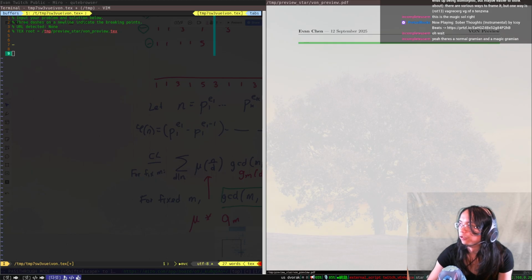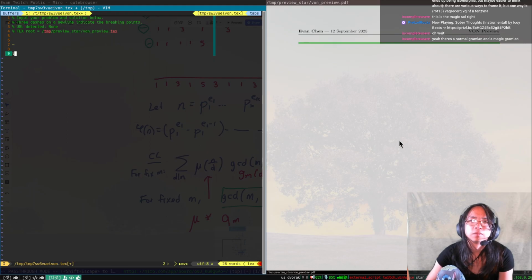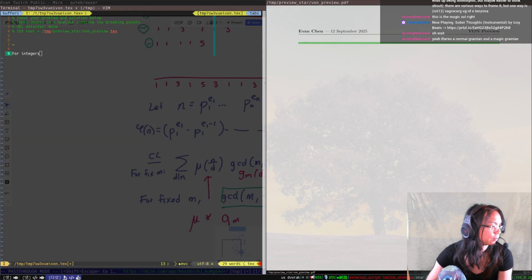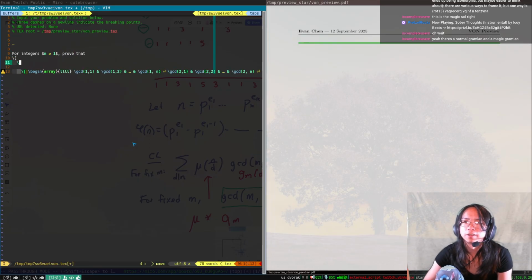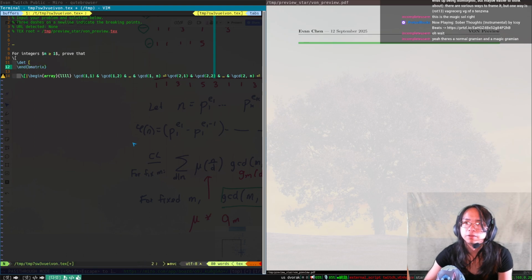This LaTeX will need some cleanup. You know, I think it's actually faster if I just type it from scratch than to reformat it.